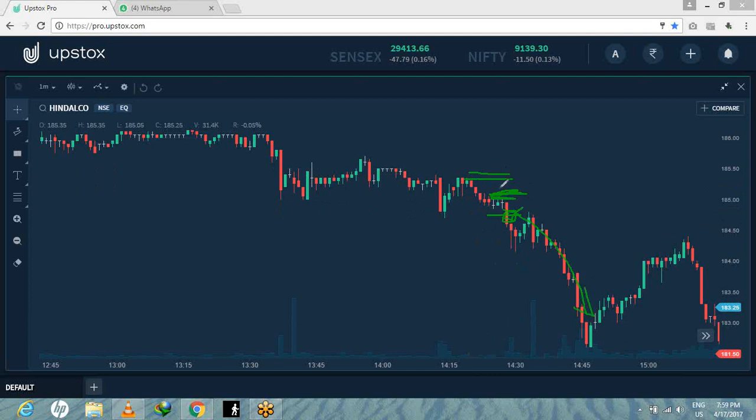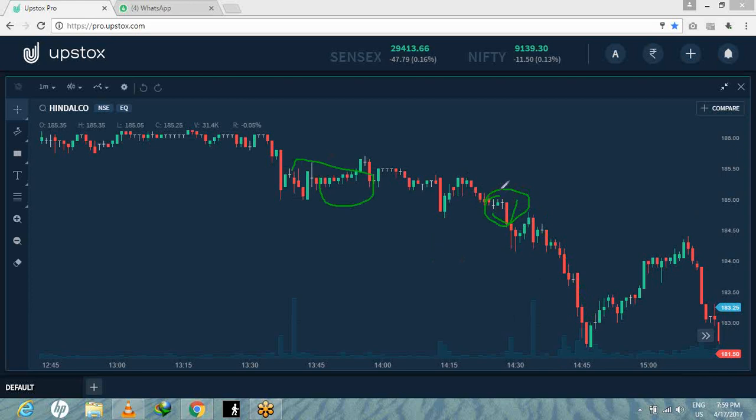Every place you saw these kind of patterns, this is very strong, this changes the market actually. These patterns change the market, and one bullish engulfing or bearish engulfing changes the market. But bullish engulfing and bearish engulfing should be at a support and resistance level, then only it changes the market.